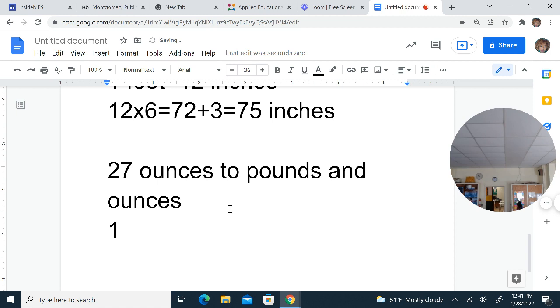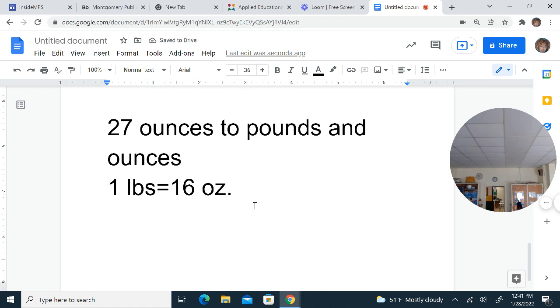I'm gonna use the abbreviation for pounds. Okay. 1 pound equals 16 ounces. All right, first step, which gives us 1.6. Okay. Next step.